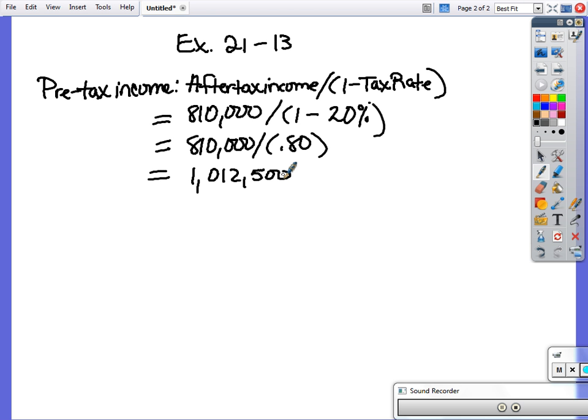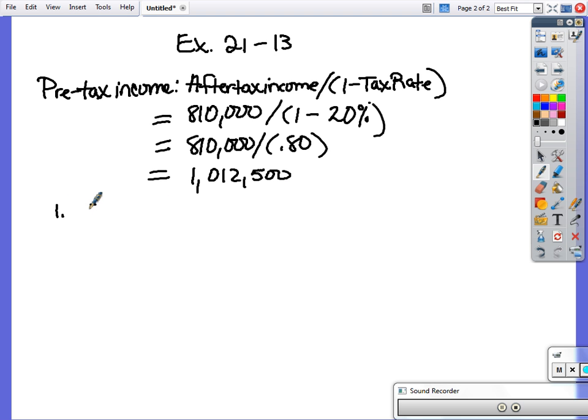All right, so now that we have that, what else do we need to do? Not just yet, right? So now, going back to number 1, where they want us to find the unit sales at target income. What is the equation?